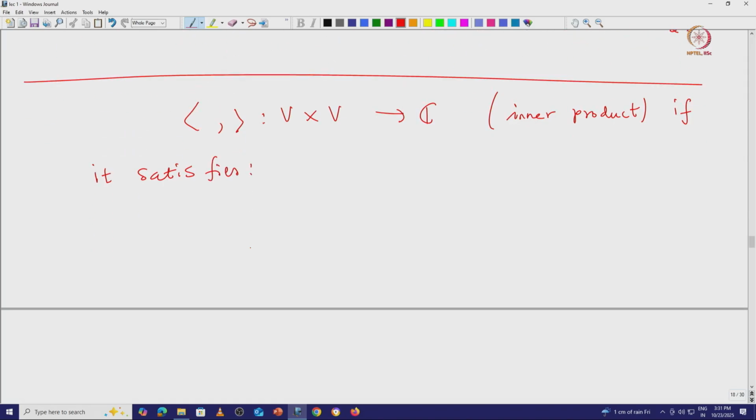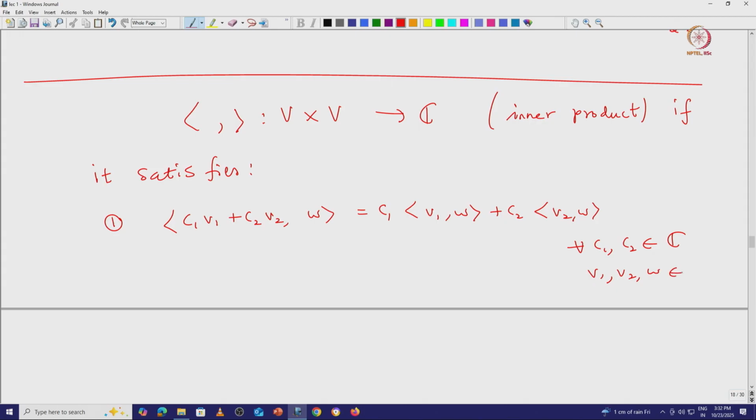The very first condition is linearity in the first variable. This is true for all c1, c2 in C and v1, v2, w in V.